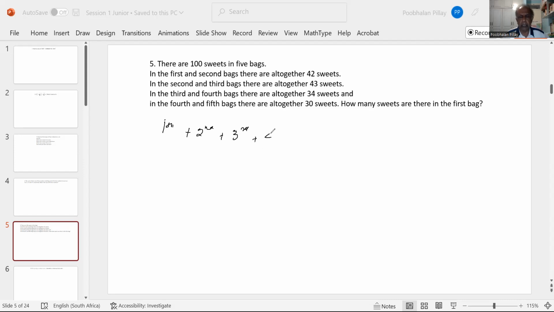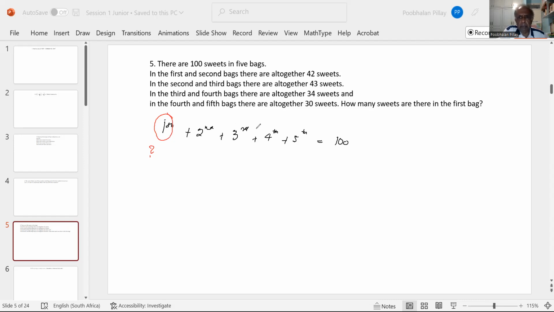If you add all the sweets in all the 5 bags, you're going to get 100. Now, the question is, how many sweets are there in the first bag? So in other words, this now becomes an unknown. So we ask ourselves now, how can we do this?